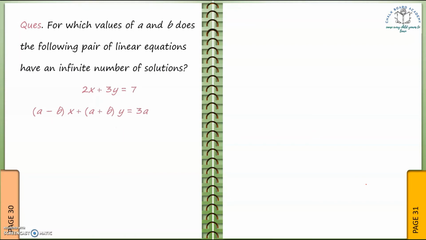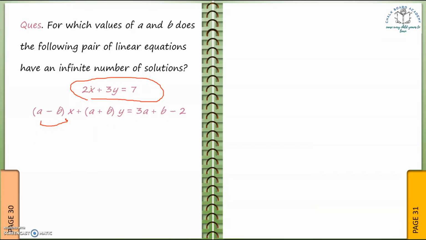So here we are given this first equation, which doesn't have any a or b. It is a simple equation, 2x plus 3y is equal to 7. Now in the second equation, instead of numbers, we get (a minus b)x plus (a plus b)y is equal to 3a plus b minus 2.